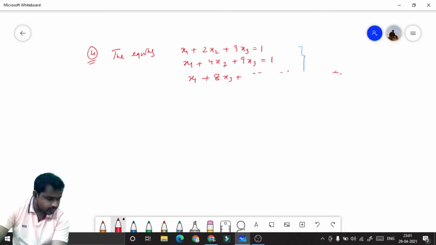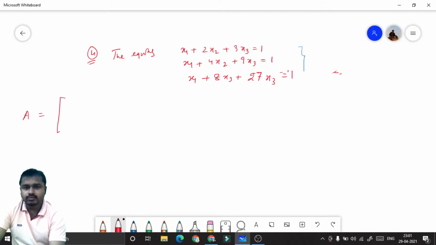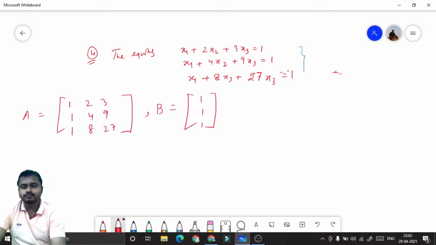So here the last one is 27x3 equals 1. Your A matrix is given by 1 2 3, 1 4 9, 1 8 27. Your B matrix is given by 1 1 1.